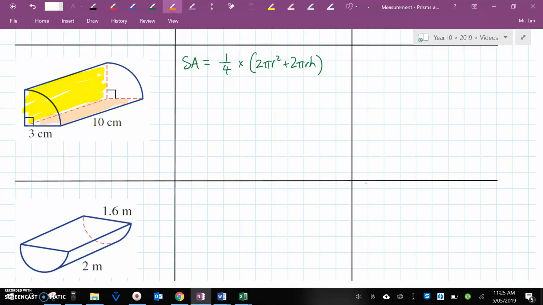So we need to add in the area of two rectangles. Length times width.